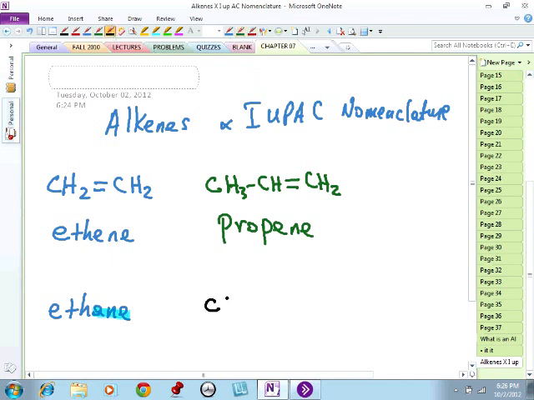How about this one here? What would be the IUPAC name for this? Butene. Would that be sufficient to describe that molecule? Okay, let us try this. We'll come back to that.